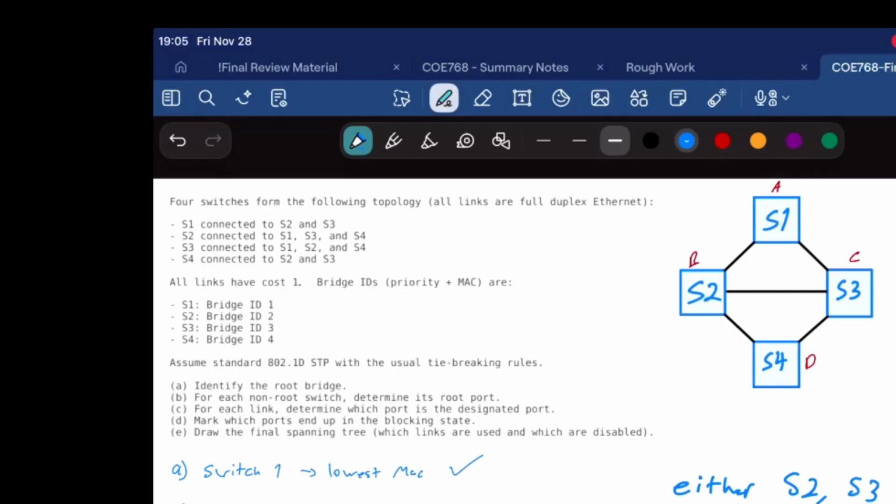Based on the rule that we stated earlier, it would choose the switch that has the lower MAC address. In this case, B is lower than C. Therefore, it will choose S2 since its MAC address is lower. And that is part B.